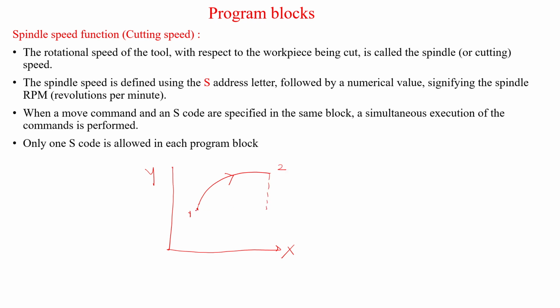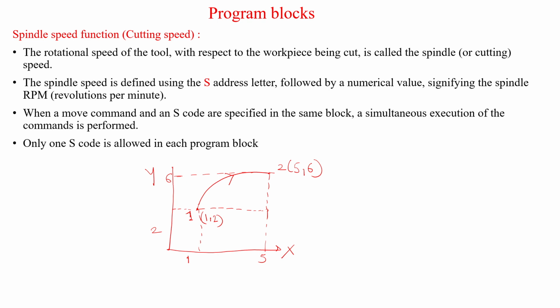One coordinate I know: the coordinate of 1 is 1, 2. And the coordinate of 2 I also know: it is 5, 6. So the coordinate of 2 is 5, 6. Right? This is clear? This is given. Fine, na? Yes. Okay.